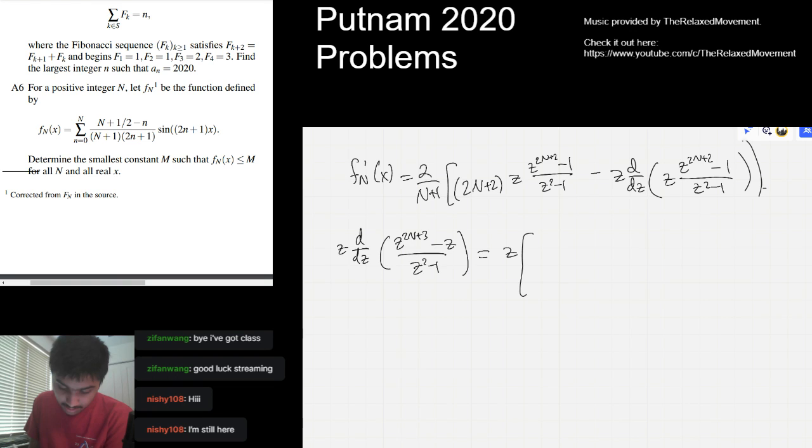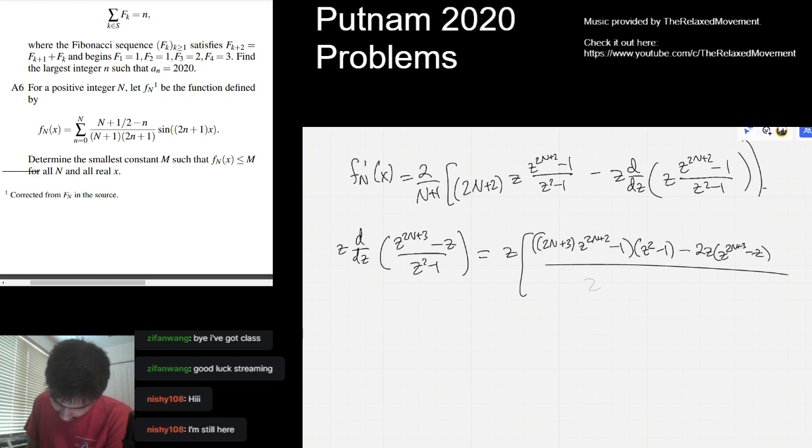It's u prime v minus v prime u over... So the u prime v means the degree of this 2n plus 2 is 2n plus 4. Yeah, 2n plus 4 is correct.